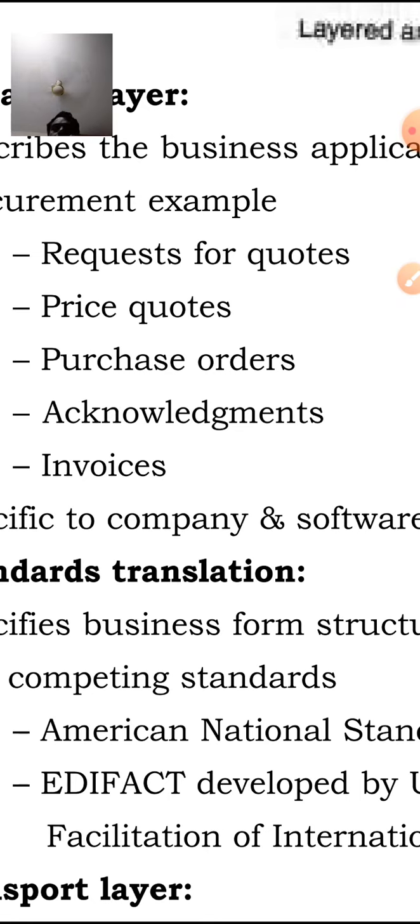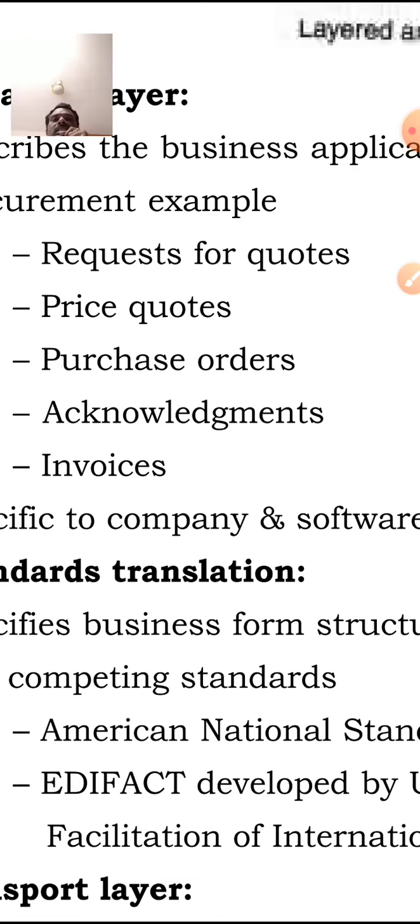from the customers. After receiving the quotations, it will give the price list, the price quote, to the customer. And purchase orders: after purchasing the product by the customer, it will generate the purchase order. After delivering the product to the customer, the customer will give the acknowledgement to the company, so there are acknowledgement applications and invoices applications.